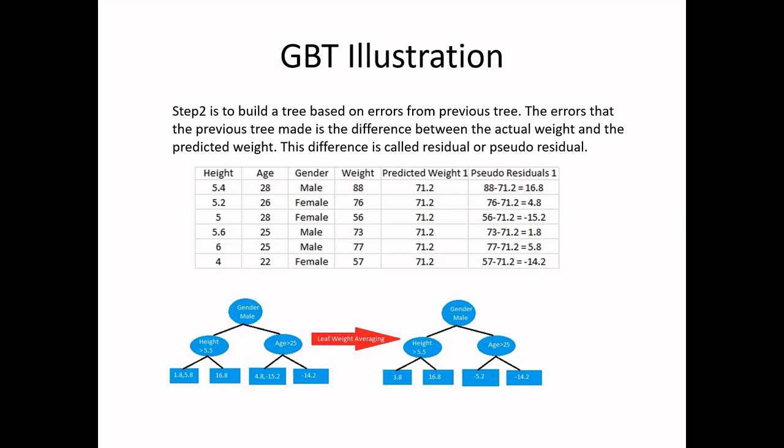And these examples will then filter down to these terminal nodes. So you can see that for the first terminal node to the left, there are 2 examples that are filtering down. And those 2 examples correspond to pseudo residuals of 1.8 and 5.8. All right. And similarly, you can see how the rest of the examples are filtering down.